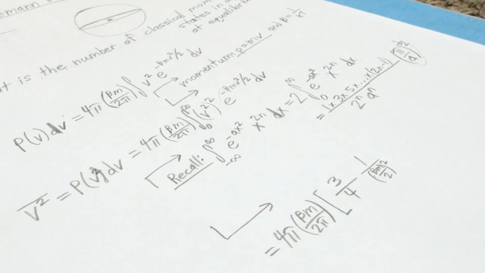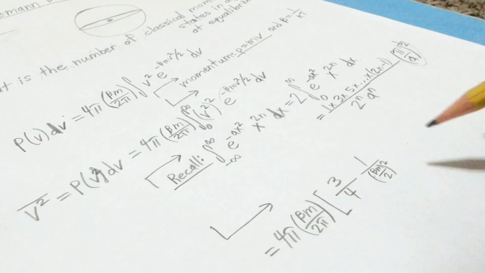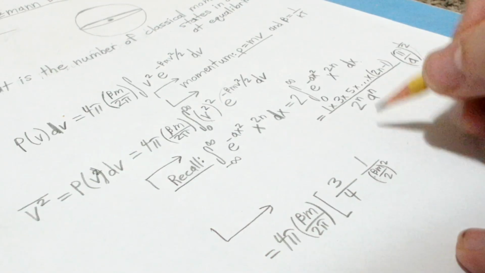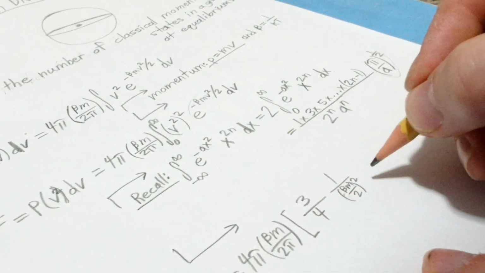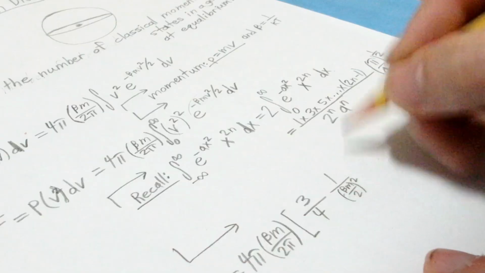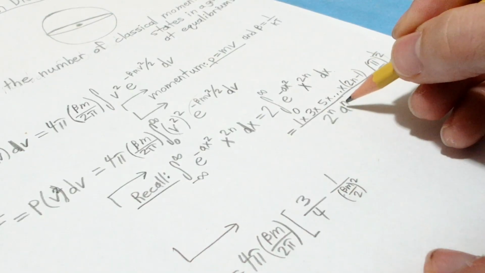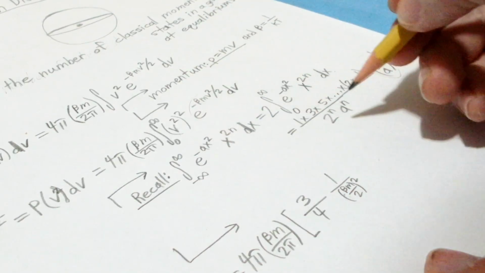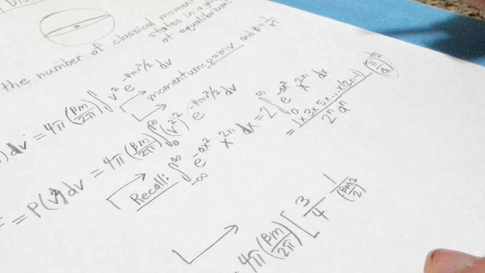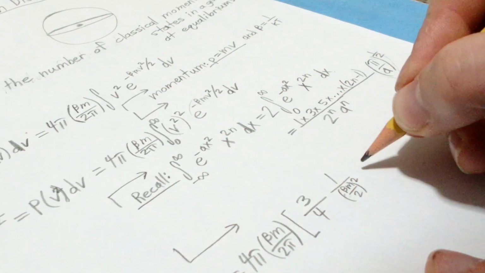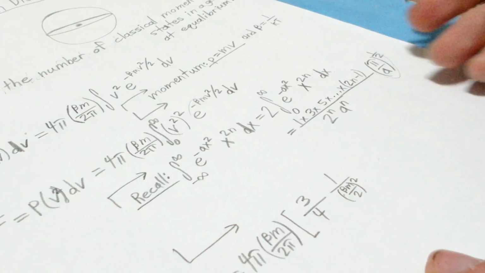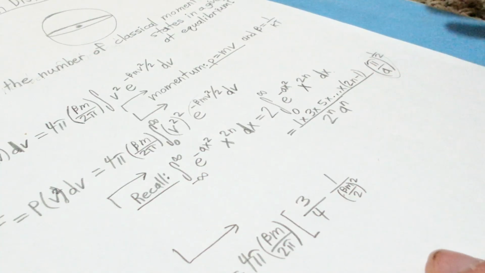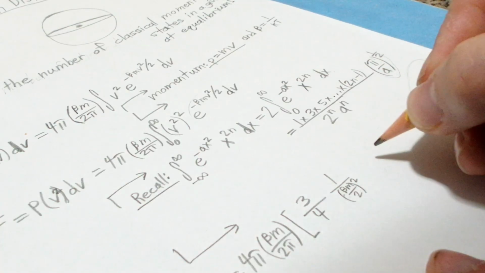Now we have our constant raised to the n, which is squared from right here. And then that will be multiplied by our integration of the Gaussian, or square root of pi.